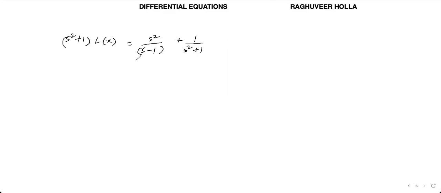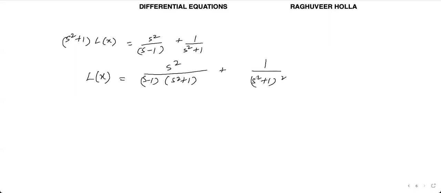Then taking s square plus 1 to the other side, L of x will be s square divided by s minus 1 into s square plus 1, and this is s square plus 1 whole square.